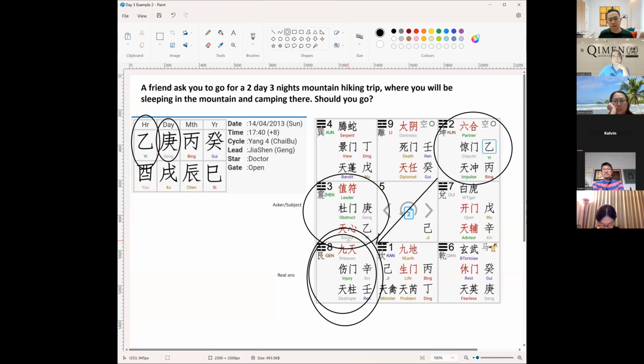Injury. Injury means what? It could mean a few things: physical, mental, emotional. So the question is, which kind is more appropriate? If I go to the mountain, will I have mental injury? Unlikely, so I strike off the mental. Emotional? Depends.